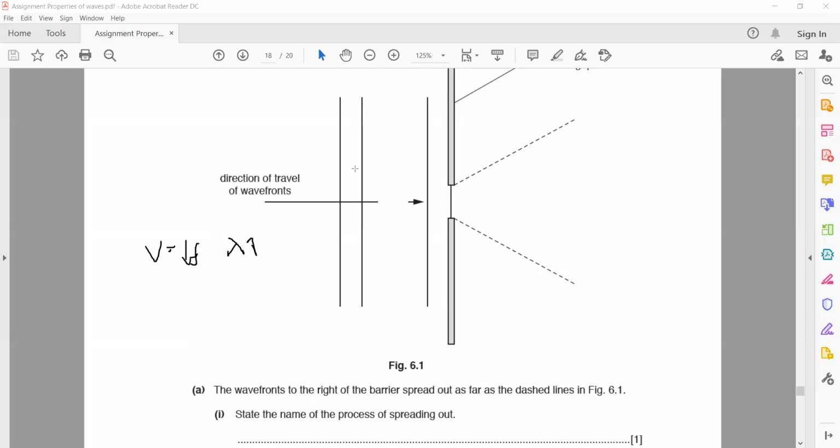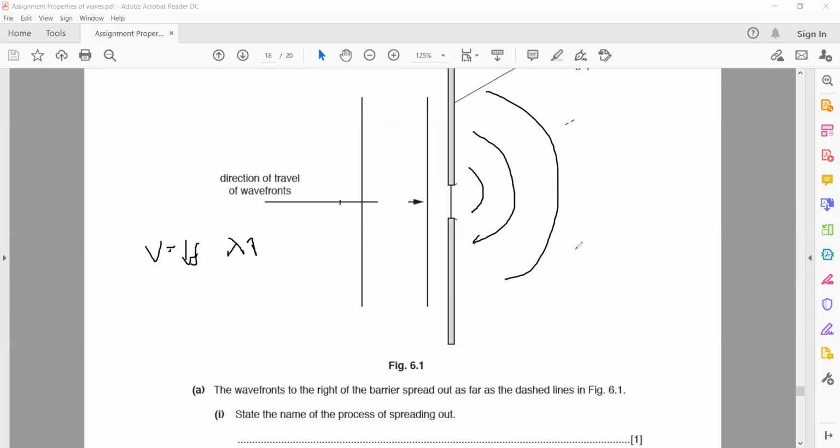If the wavelength is larger than the gap size, we will observe maximum diffraction, or the wave will spread out more. So that increases the diffraction.